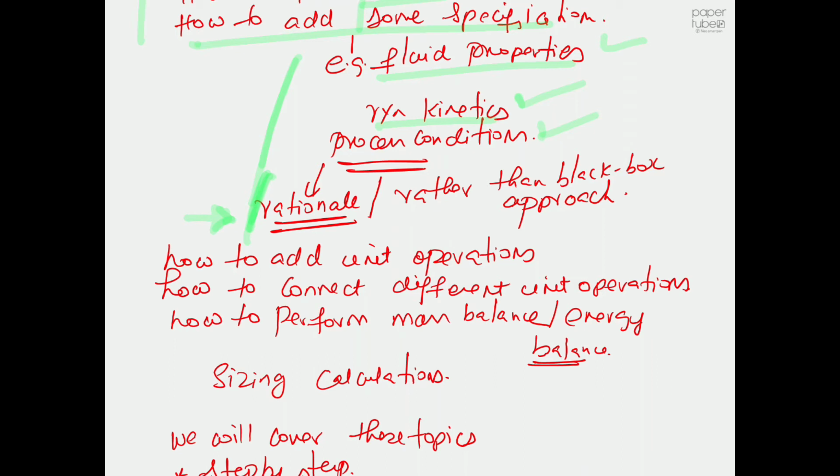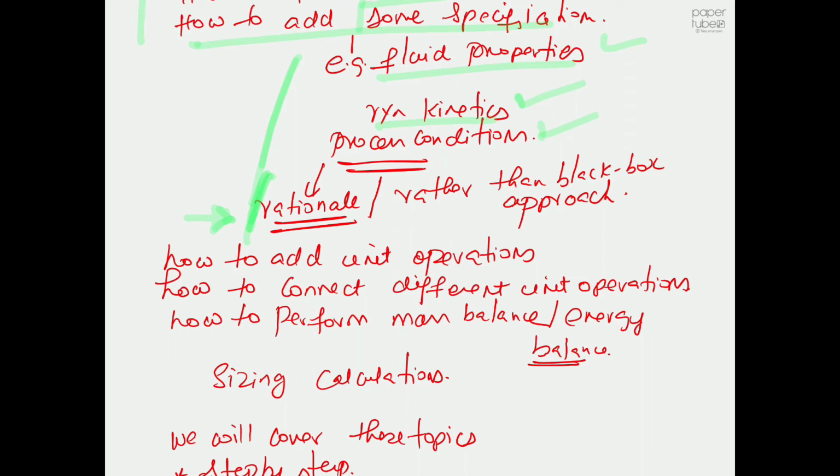We will learn how to add different unit operations in a particular fashion, and then how to connect them, and then how to define the inputs in each of those unit operations, what type of information is required in each of those unit operations, and how to give the right inputs.